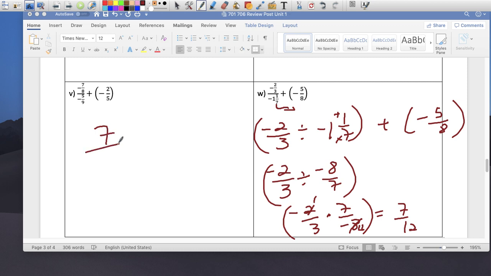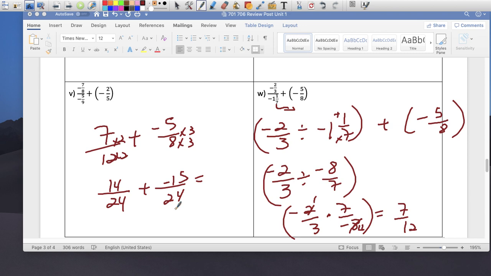So I'm going to get 7 over 12 plus negative 5 over 8. LCM is 24. Times 2 times 2 is 14. Times 3 times 3 is 15. That's 24 and negative 1 over here. That's my final answer.